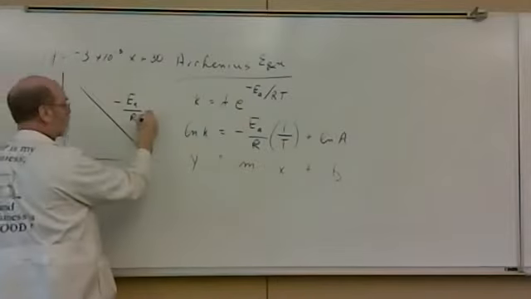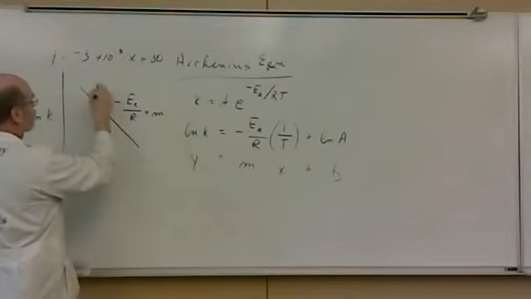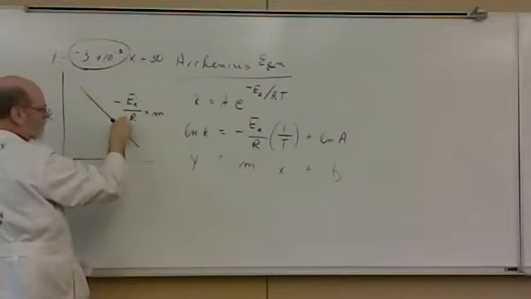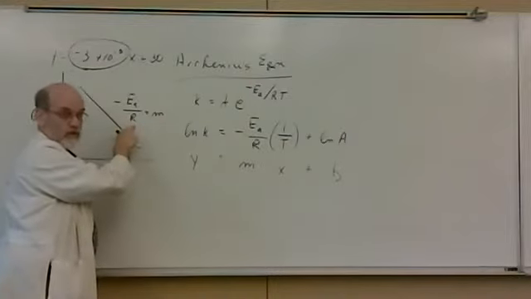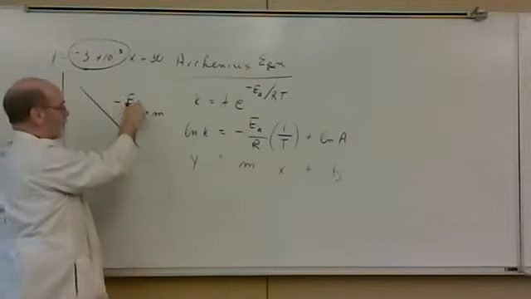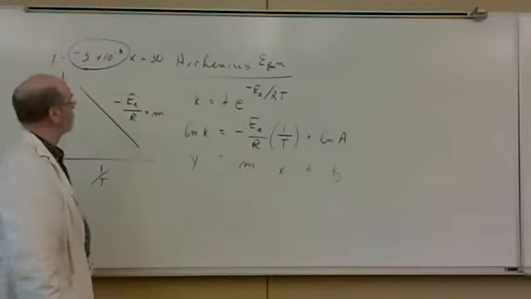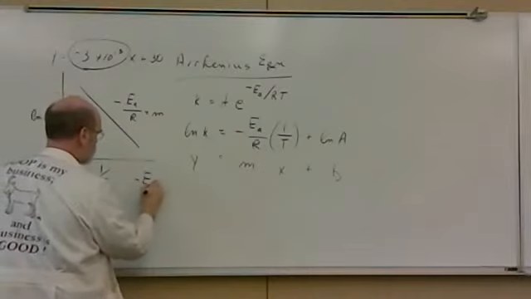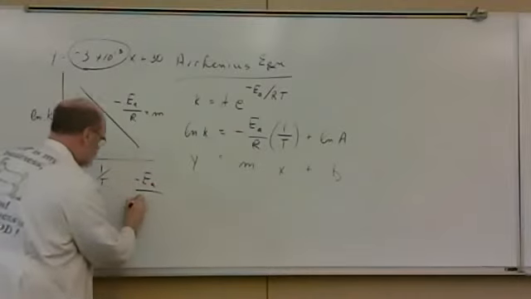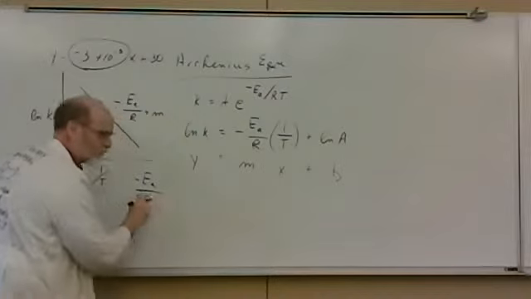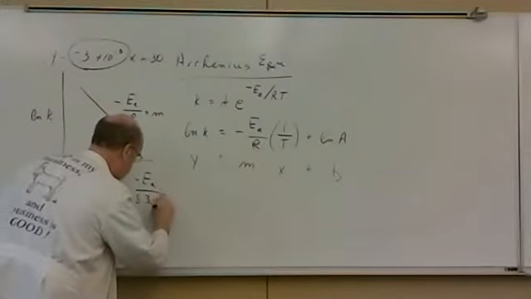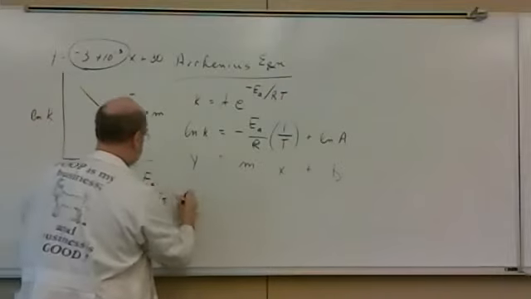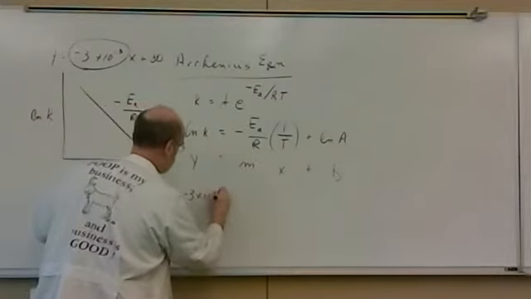Well, you know the slope is this, right? There's your slope. Set that equal to this. Plug in the value that you know is constant for R and solve for E sub A. So we say minus E sub A, and what's R? 8.3145. Okay. So that is equal to this slope, minus 3 times 10 to the minus third.